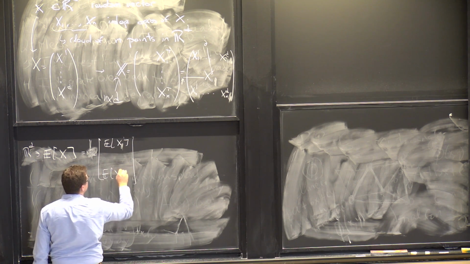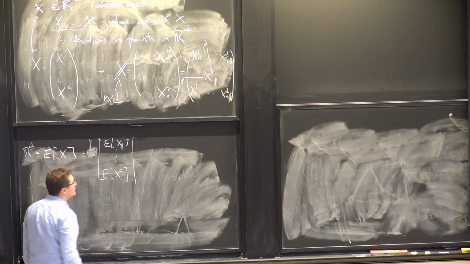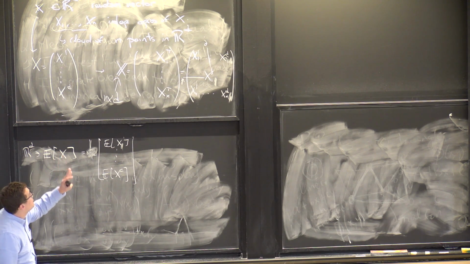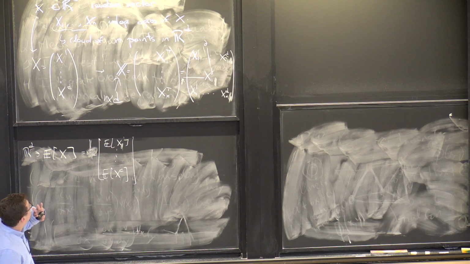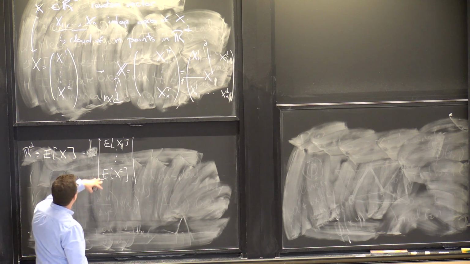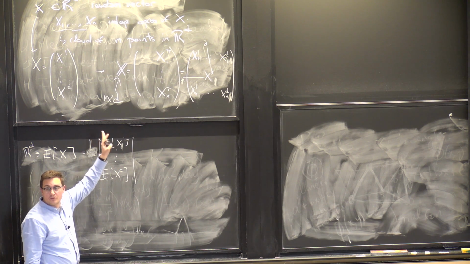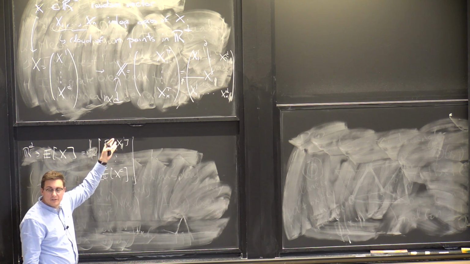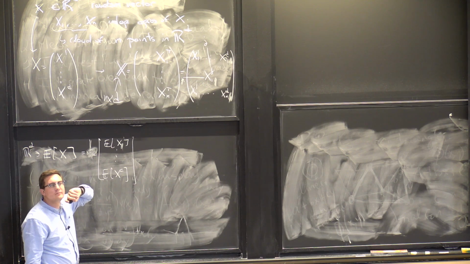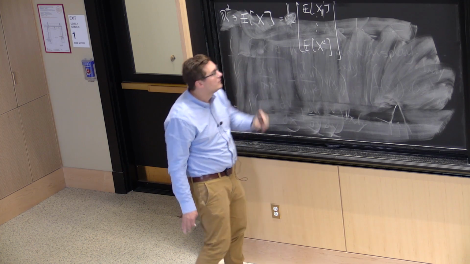X^1 to X^d. OK, so I should say it out loud. For the purpose of this class, I will denote by subscripts the indices that correspond to observations, and by superscripts the indices that correspond to coordinates of a variable. I think that's the same convention that we took for the regression case.